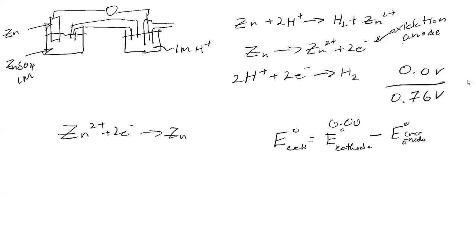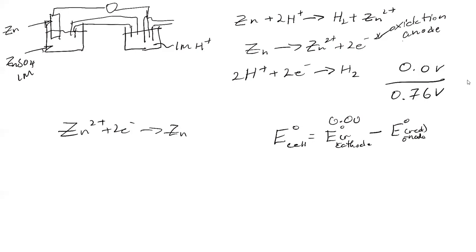Both of these are written as the reduction. So if this is 0.76, that equals 0 minus, that must be a minus 0.76. So for this reaction, the reduction potential is minus 0.76.